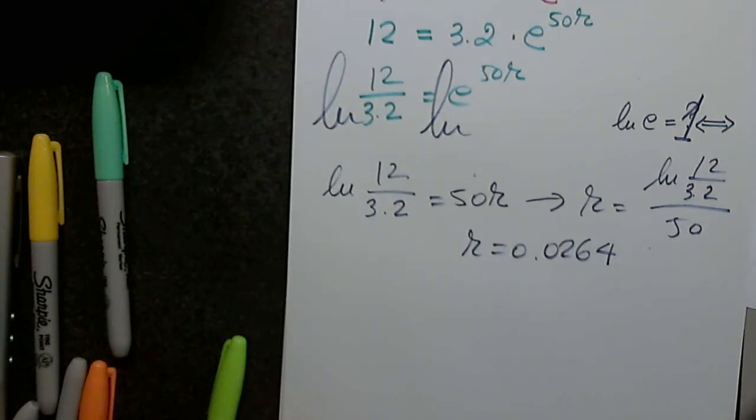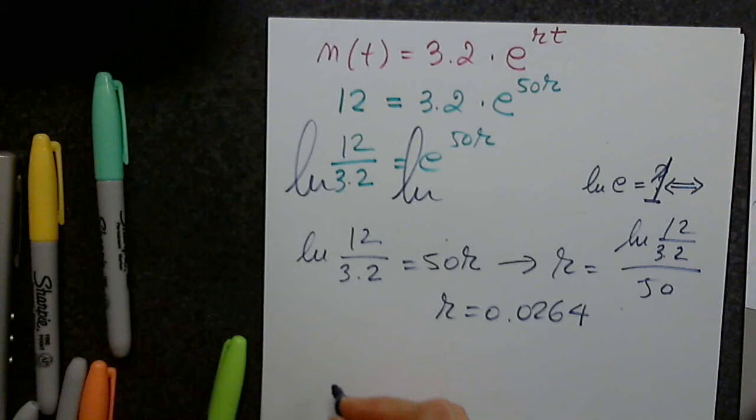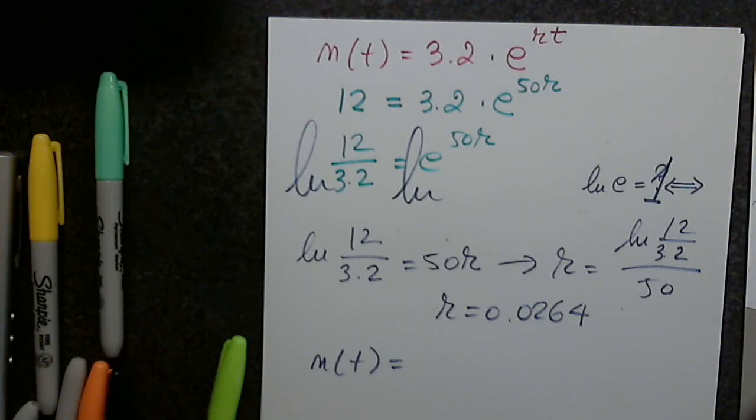So now can anyone dictate the model? I want to write the entire model, n of t, because that was the question. We were able to determine the initial population in the year 2000, and now we're also able to determine the growth rate.